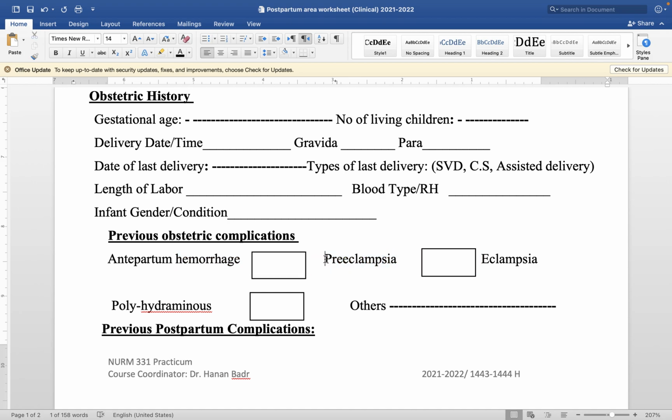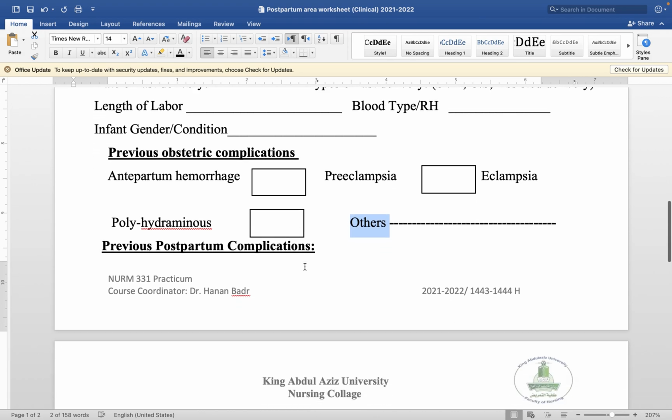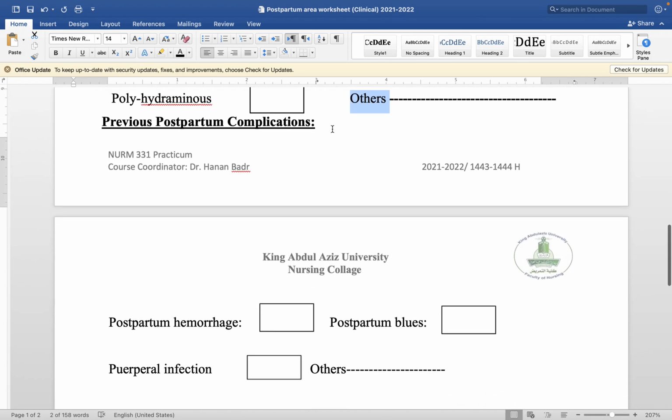Preeclampsia, we're going to know what preeclampsia is, what the criteria are that we have to consider when the doctor diagnoses preeclamptic patients, and eclampsia, which is a very complicated form of preeclampsia, which means having seizures during pregnancy or labor. And also there is polyhydramnios, the excessive amount of amniotic fluid around the baby. But keep in mind, these are only examples. Sometimes women have other kinds of complications or problems which are not listed here.